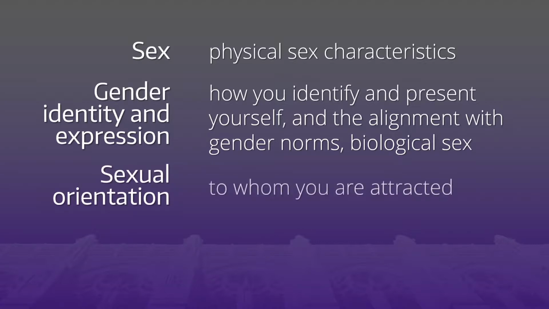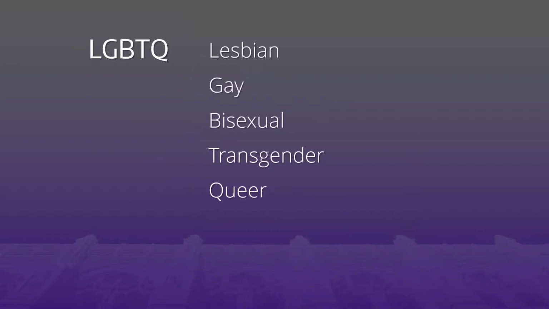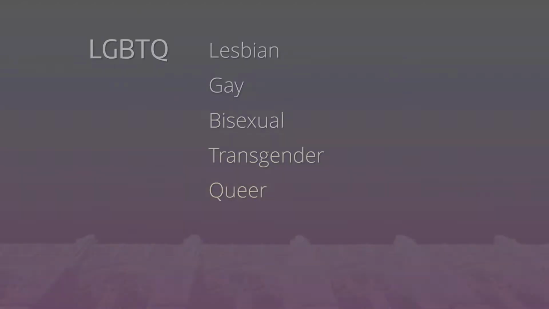Sexual orientation describes the emotional, romantic, or sexual attraction you feel toward women, men, or both sexes. You might describe yourself as straight or identify as lesbian, gay, bisexual, trans, or queer, often referred to as LGBTQ. Queer can refer to gender identity and expression or to sexual orientation.